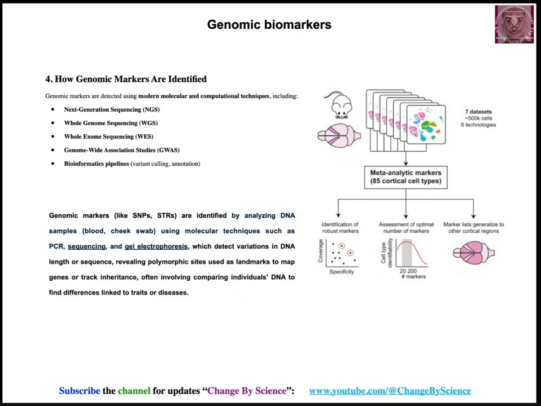Using molecular techniques such as PCR, sequencing, and gel electrophoresis, which detect variation in DNA length or sequence, revealing polymorphic sites used as landmarks to map the genes or track the inheritance, often involving the comparison of individuals' DNA to find the differences linked to diseases.